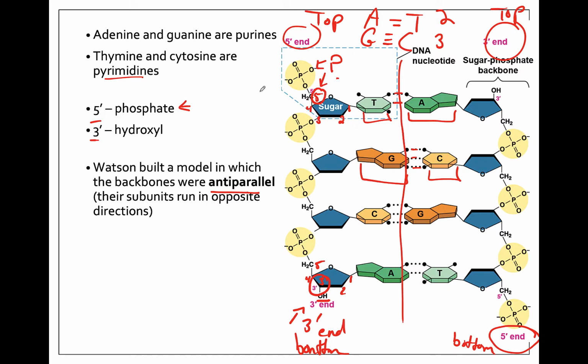So on this side, it runs 5' to 3' down, whereas on the right side it runs 5' to 3' up. So they run 5' to 3' in opposite directions. So that means anti-parallel, and this is going to have a lot of implications on how the DNA are actually going to replicate.